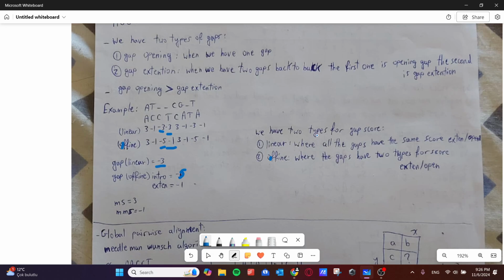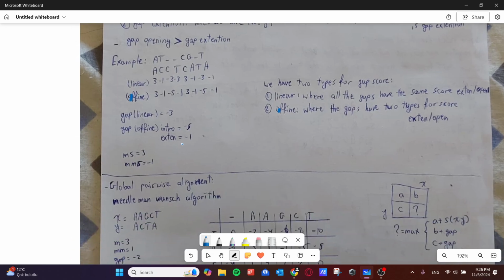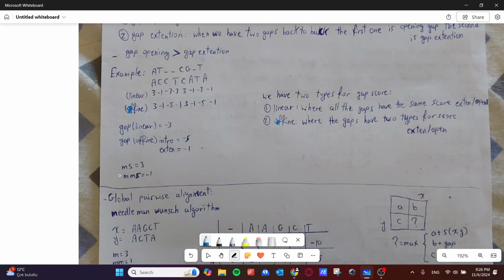So these are the types of gap score. And here we have the match score and mismatch score. For match score we put 3, for mismatch score we put -1, then we calculate.